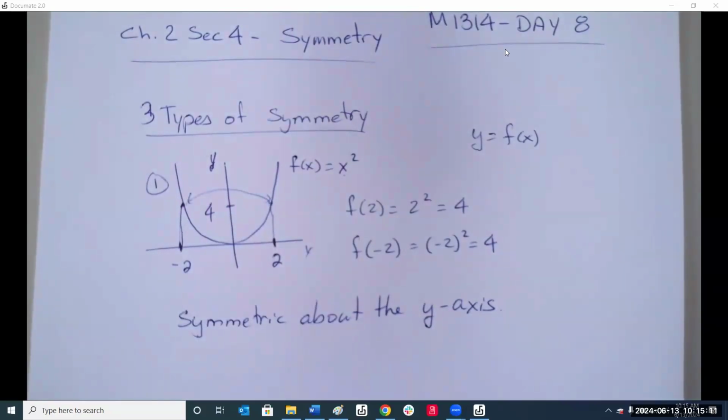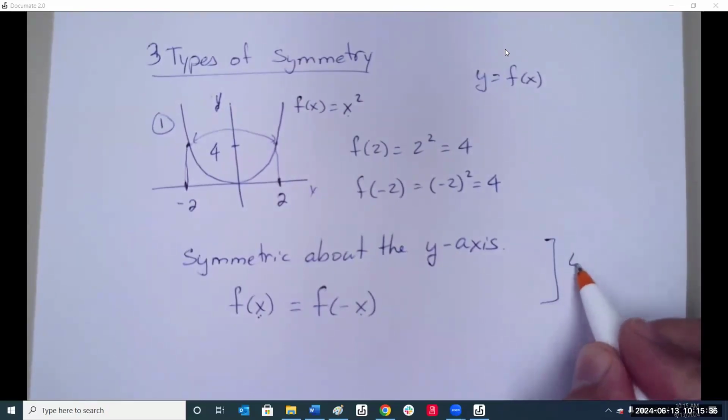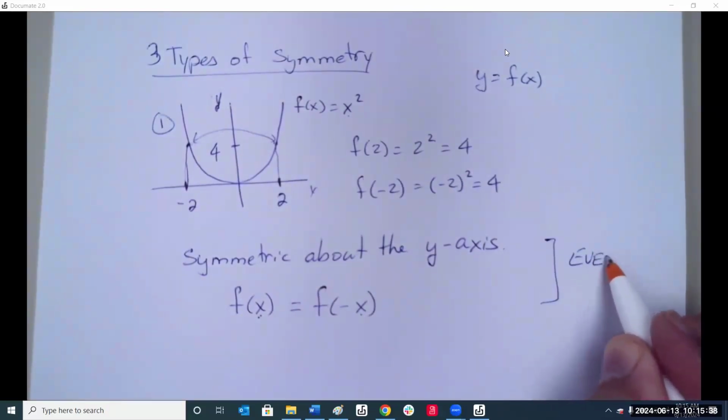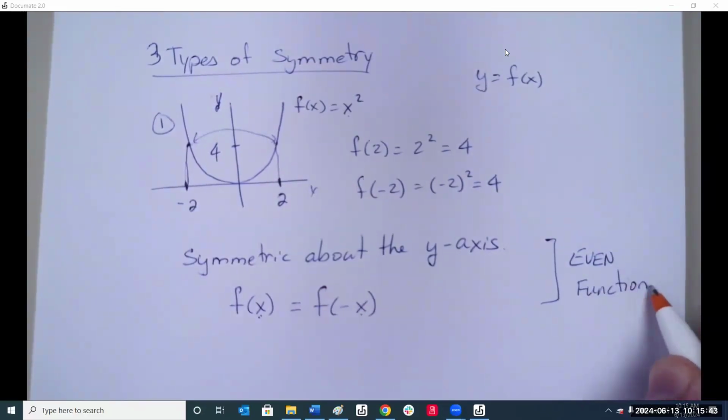How do I test it? f of x and f of -x were the same answers. If I plug in the same value for x, except just change the signs, and it gives me the same answer, then it's reflected, it's symmetric about the y-axis. We call that an even function.